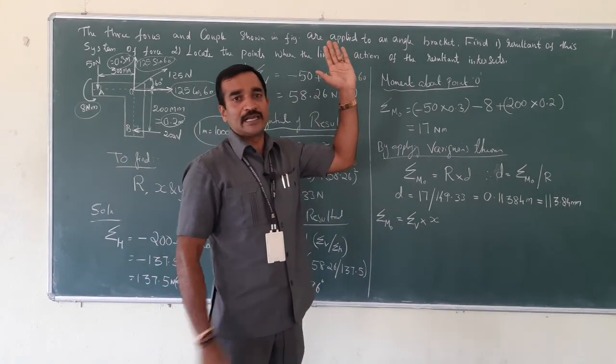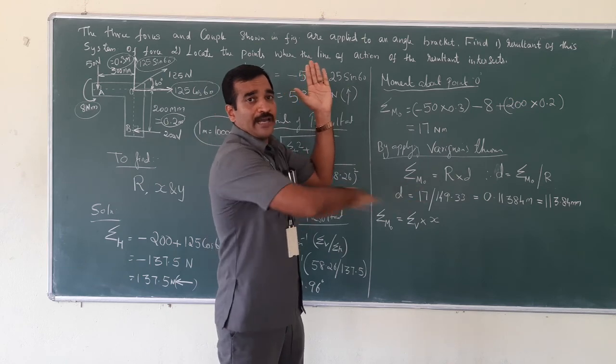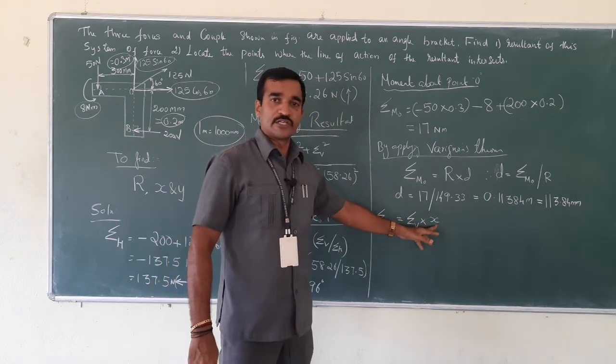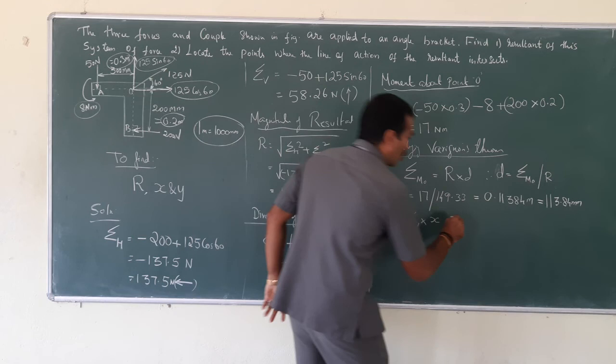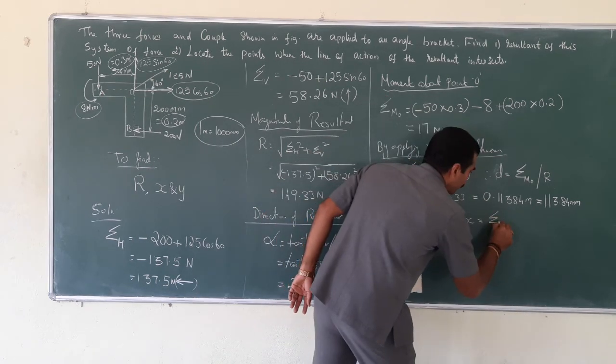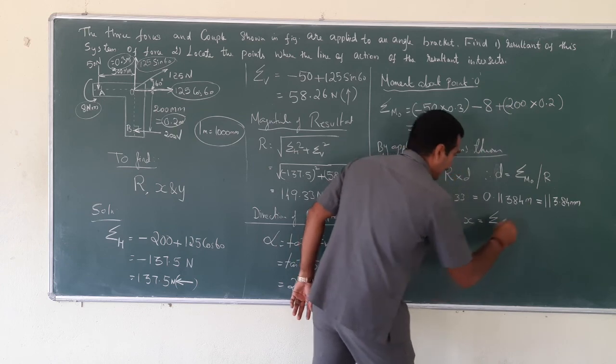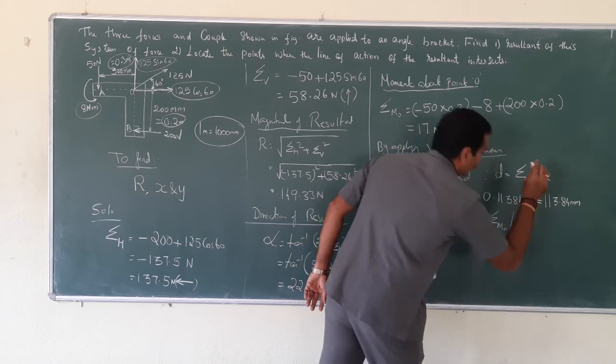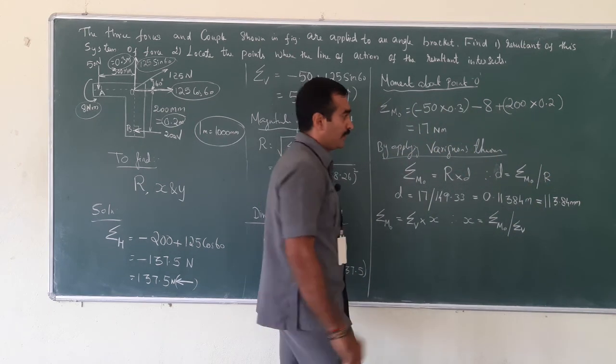Vertical force means you need to have a horizontal distance, that is the perpendicular distance, right? So therefore x is equal to sum of moment about O divided by sum of vertical force.